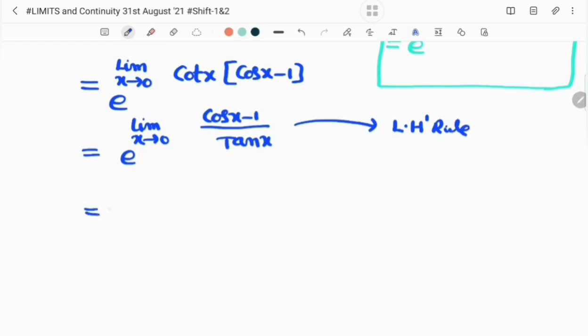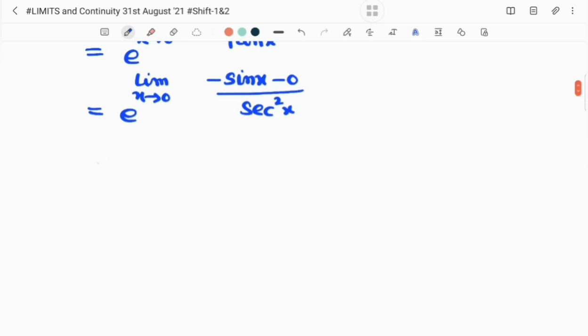So it becomes e power limit x tends to 0, cos x derivative is minus sin x, and constant 1 derivative is 0, tan x derivative is secant square x. After that, wherever x is there, you have to replace it with 0.